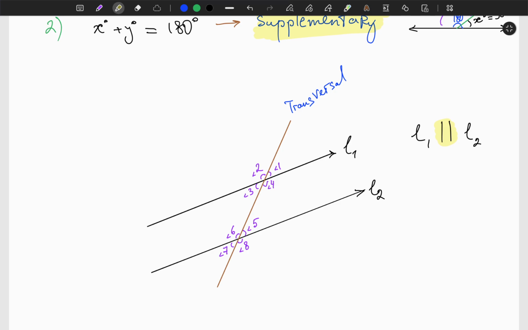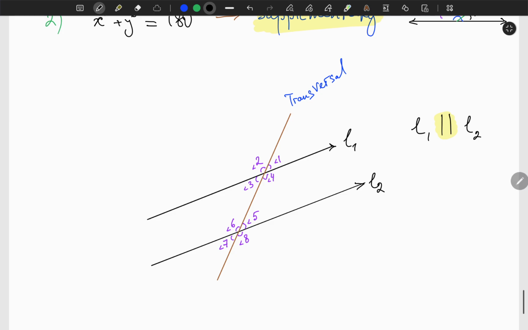By this angle postulate, angle 1 and angle 5 are congruent. In other words, they are equal. Angle 2 with angle 6, they are equal with each other. Angle 3 with angle 7, they are equal with each other. Angle 4 with angle 8, they are equal to each other.